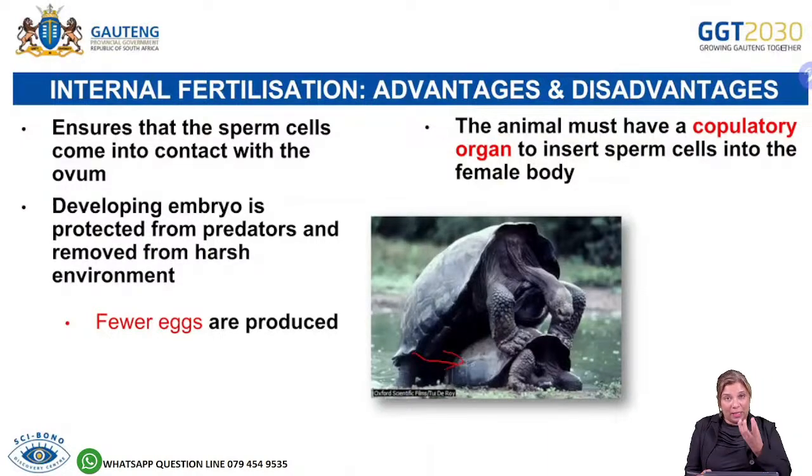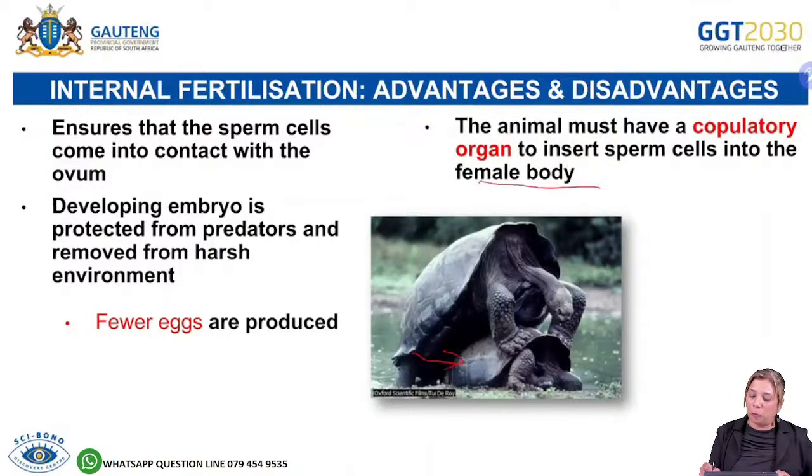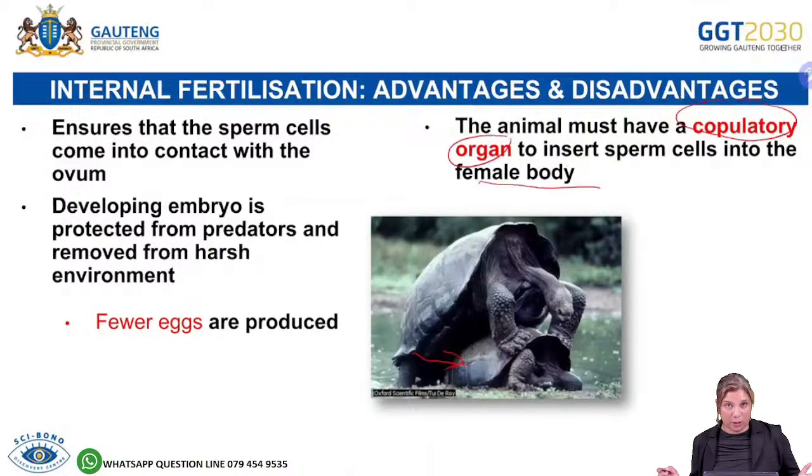Because the embryo, the diploid zygote, is inside the female's body, it's already got protection because the mother is protecting the offspring. The animal must have a copulatory organ to insert the sperm cells into the female body. So here we know that there are advantages and disadvantages, because if there is no copulatory organ to insert it inside the female, then this cannot occur.